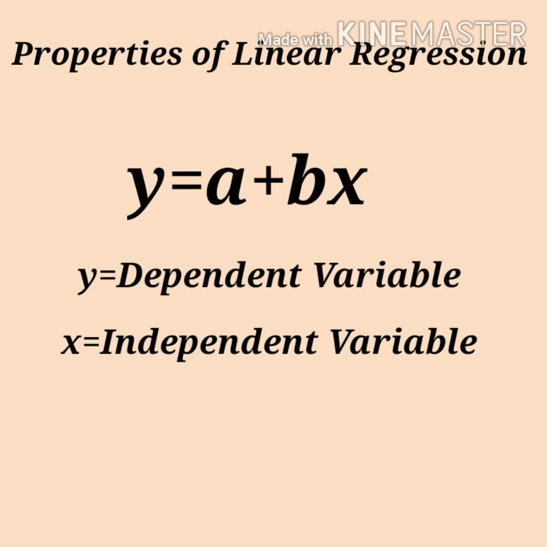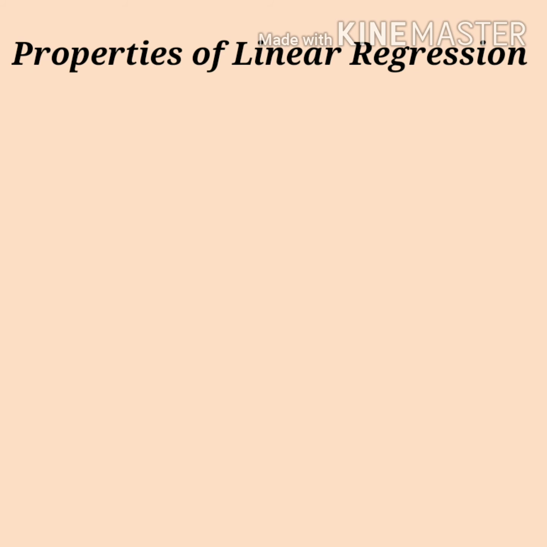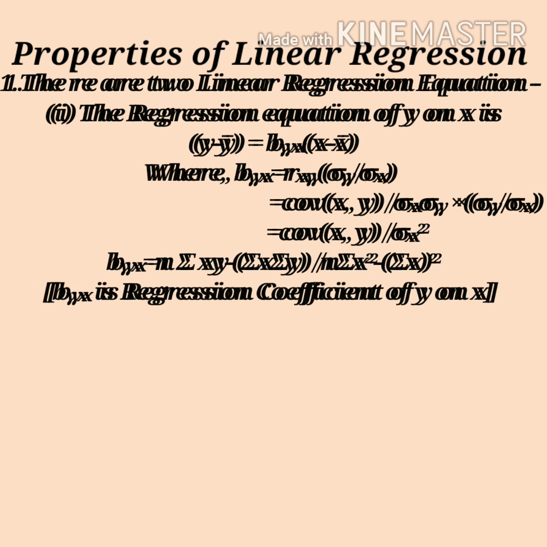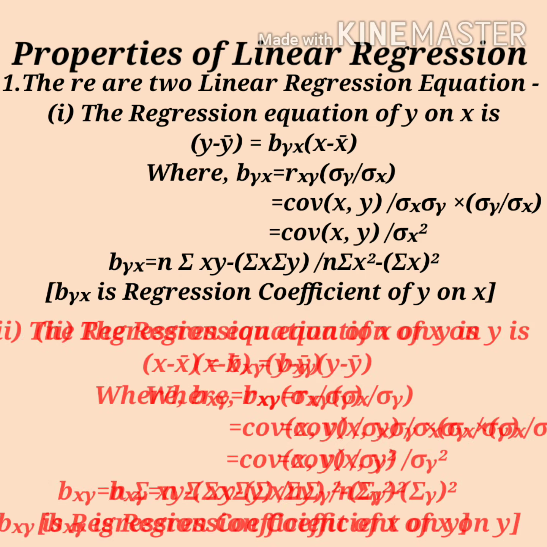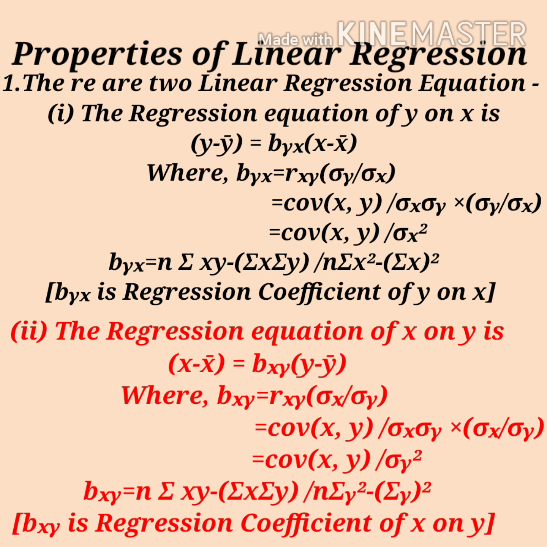So when we discuss the properties of linear regression, we should remember there are two linear regression equations. One is the regression equation of y on x, another is the regression equation of x on y. And most importantly, you have to remember these two equations when you solve the mathematical problems of linear regression analysis.